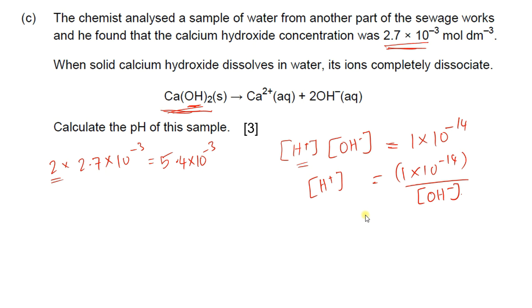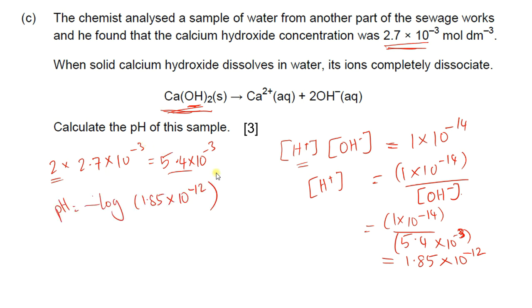So now you just have to put the concentration of OH minus ion into this hydrogen ion concentration. So I'm going to do 1 times 10 power minus 14 divided by that value, 5.4 times 10 power minus 3. And then if you put these numbers into the calculator, we get 1.85 times 10 power minus 12.